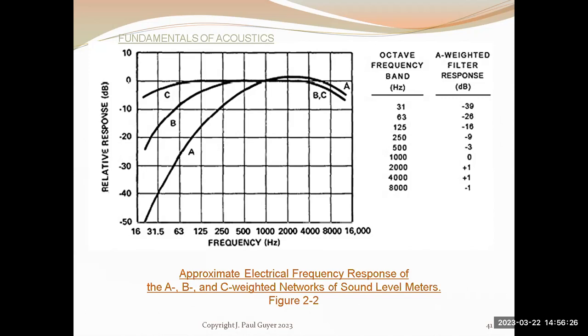So as an example, with the A curve for the A setting on the sound level meter, at say 250 hertz, you see that the sound level meter is going to filter out or ignore about 10% of the sound that is perceived.